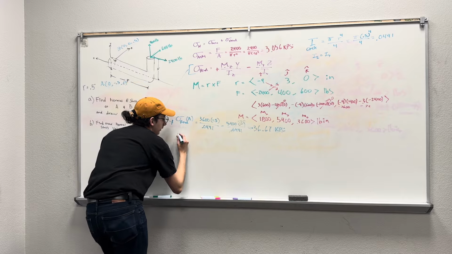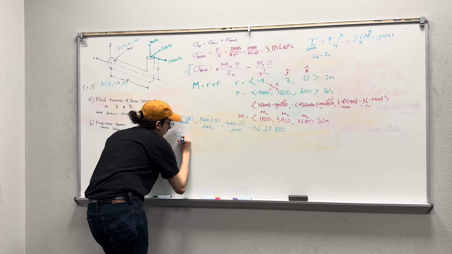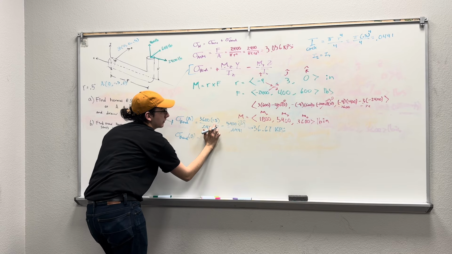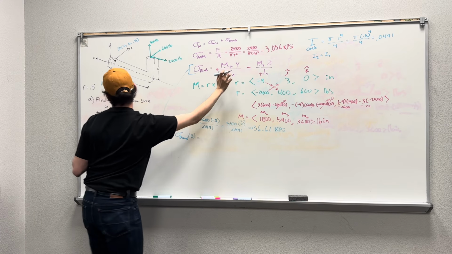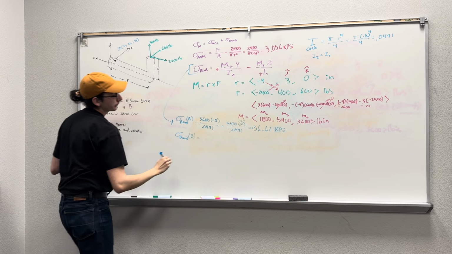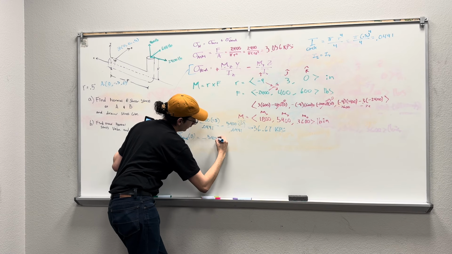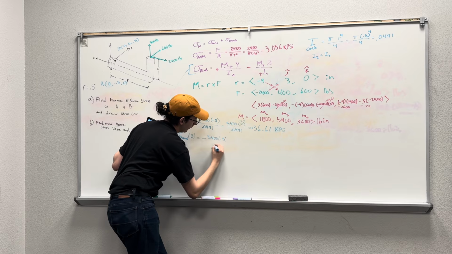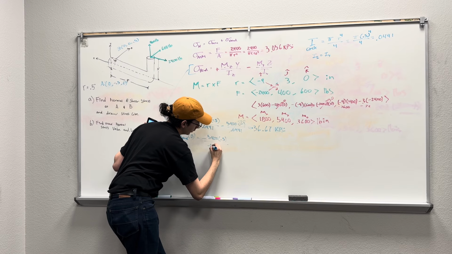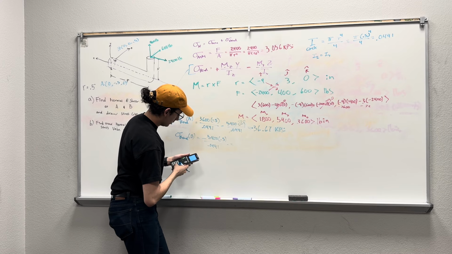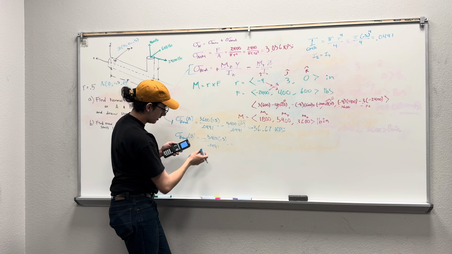Cool. Now for my B moment, I'm going to skip this first term just because that y value is going to be 0. So I'm going to get that negative 5400 times 0.5 divided by 0.0491, which should also give me a negative answer because I have that negative in front.